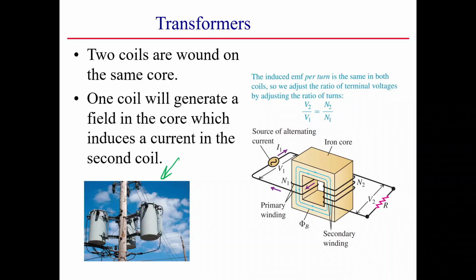They are basically big electromagnets, and they have two sets of coils in them. One side will have a high number of wraps, and the other will have a smaller number of wraps. Because they are around the same core, they're going to have the same flux through the same area.